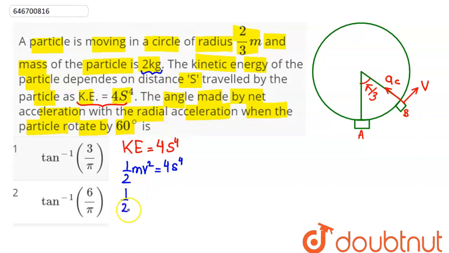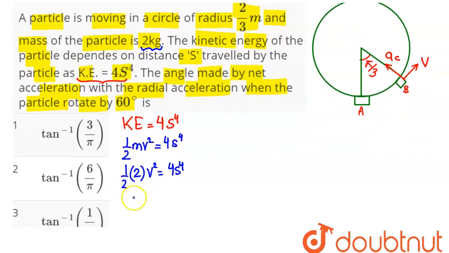So substituting the value of mass as 2 kg, v square comes as 4s to the power 4, where radius is given to be 2/3 meter. Hence the centripetal acceleration is equal to v square upon r.